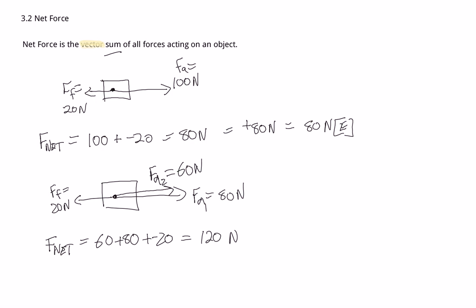So pretty basic questions if they are acting in linear fashion. They're either both up and down or both sideways, whichever the case may be. Where these questions get a little bit tough is when they're not linear and you've got some sort of angles involved. So let's suppose we have a box and someone's going to push it north at 80 newtons.